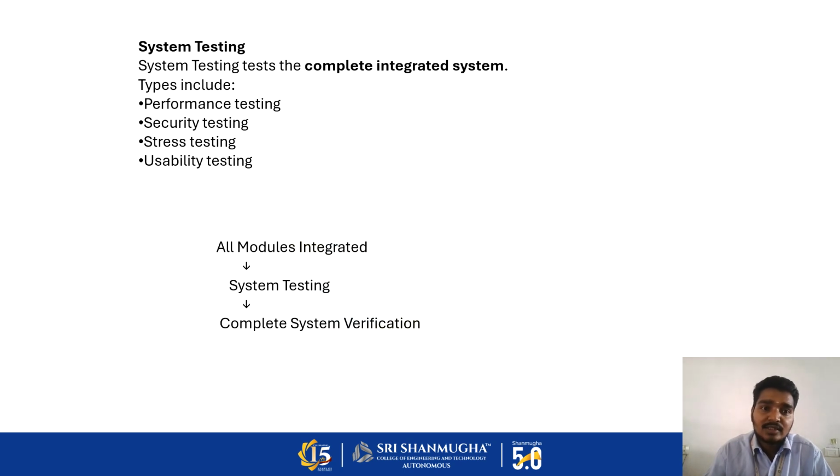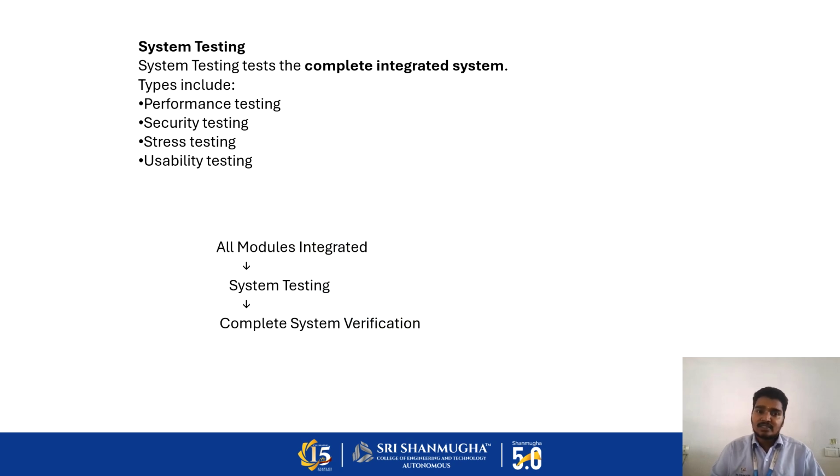Next is the system testing model. System testing tests the complete integrated system. It has four types: performance testing, security testing, stress testing and usability testing. Performance testing covers how the system performs and whether the software can work in a long-term environment. Security covers the safety of the system.